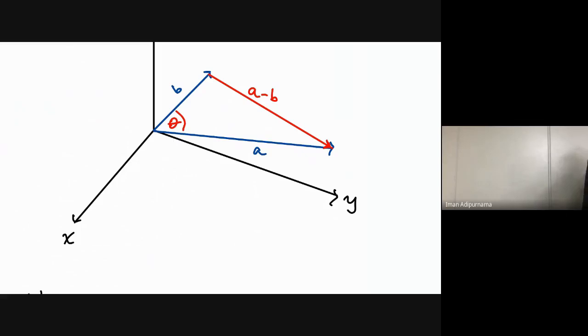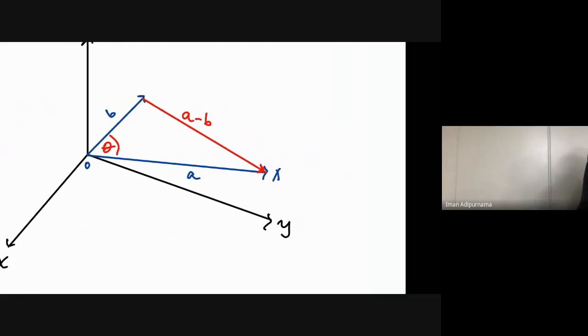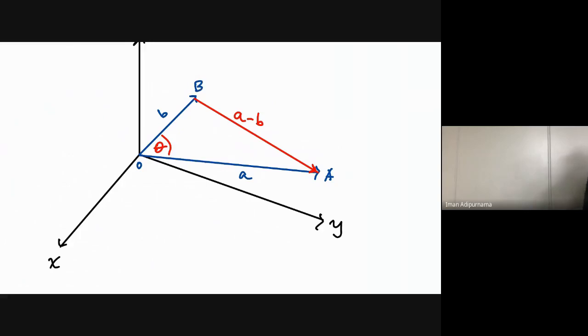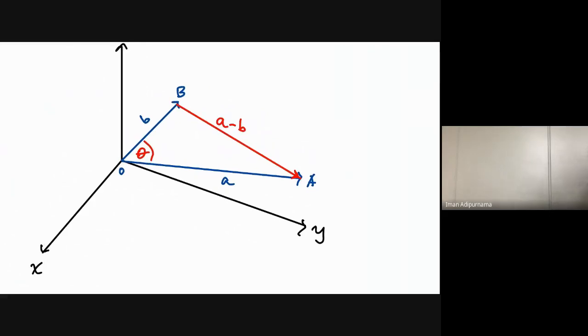So if this is O, this is A, this is B, yeah, A minus B. Here, B is here, right?